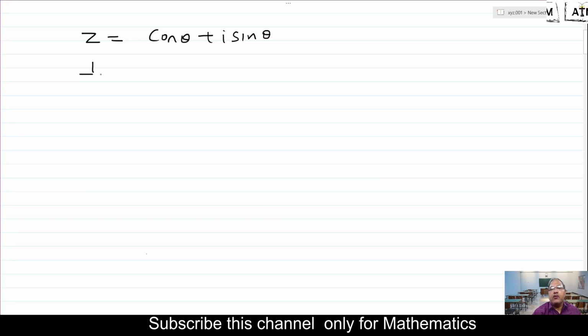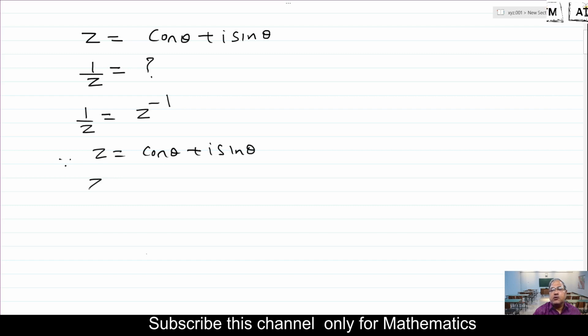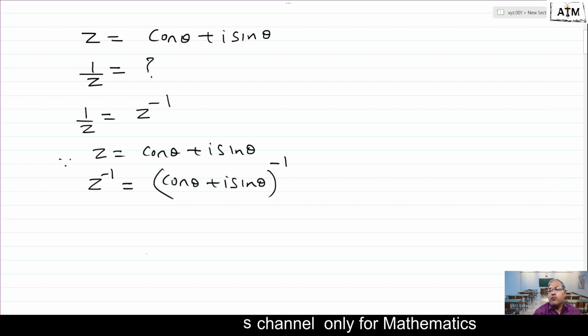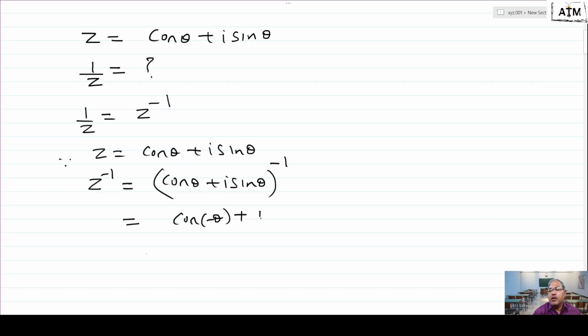Suppose z equals cos theta plus i sin theta, and 1 upon z equals question mark. So 1 upon z is nothing but z raised to minus 1. Since z equals cos theta plus i sin theta, therefore z raised to minus 1 equals (cos theta plus i sin theta) whole raised to minus 1, that is cos of minus theta plus i sin of minus theta.